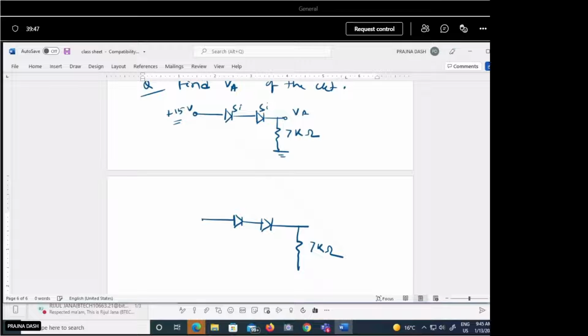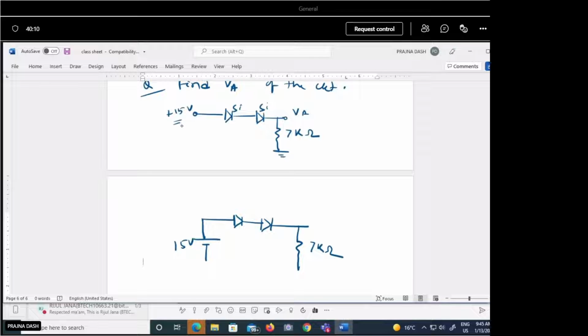It means that a 15 volt DC voltage is applied. So this positive terminal is connected to this point. Where plus 15 volt is written, it means the positive terminal of this voltage is connected to this point. In a similar way we can connect this in this way.